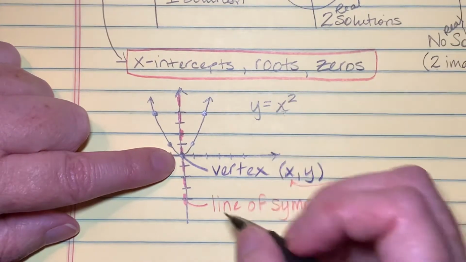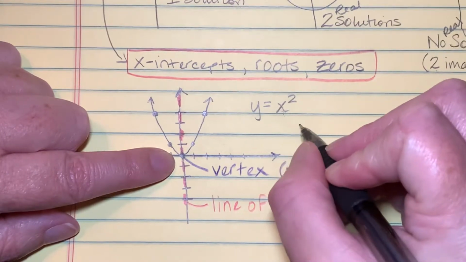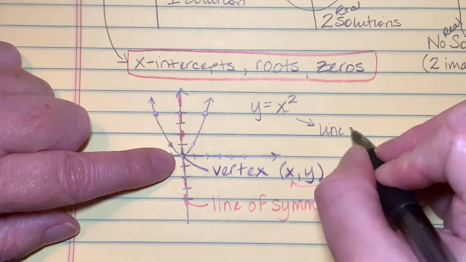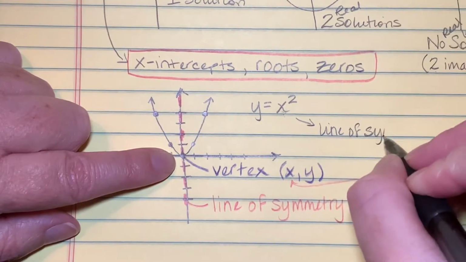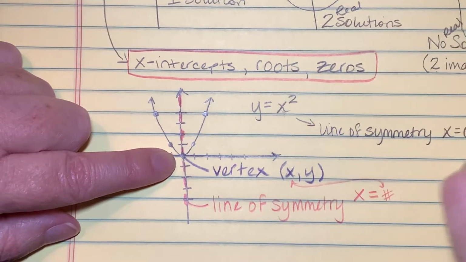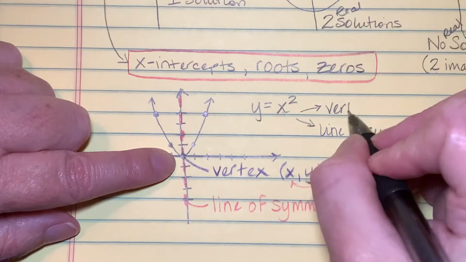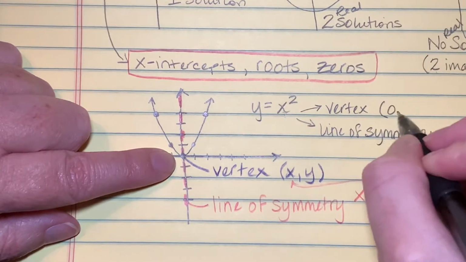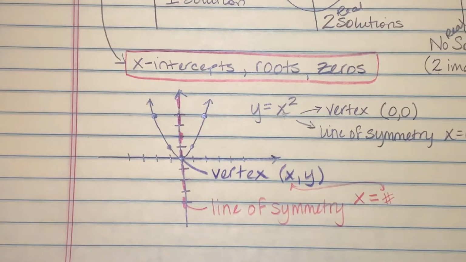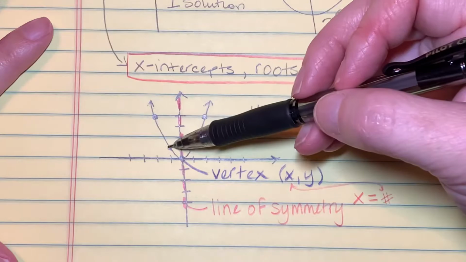So if we were saying the line of symmetry for this equation, we would say that it has a line of symmetry as x equals 0, and it has a vertex at 0, 0.